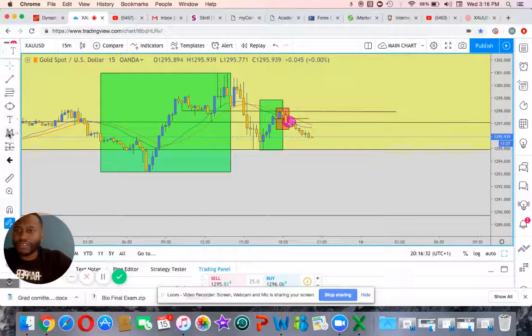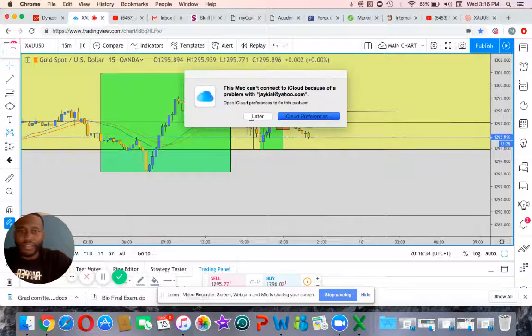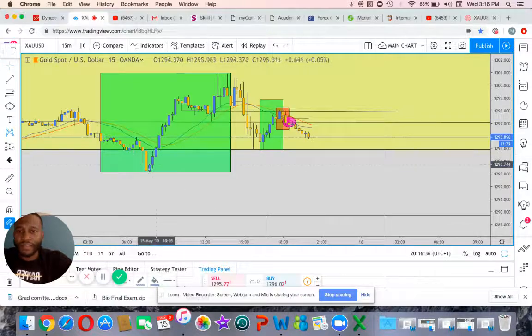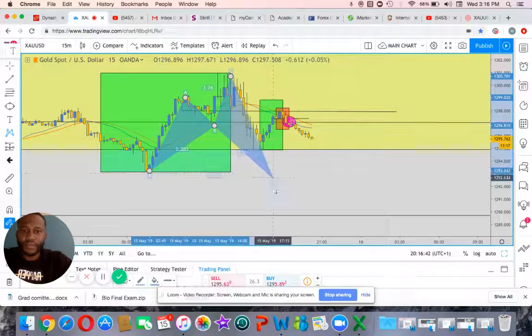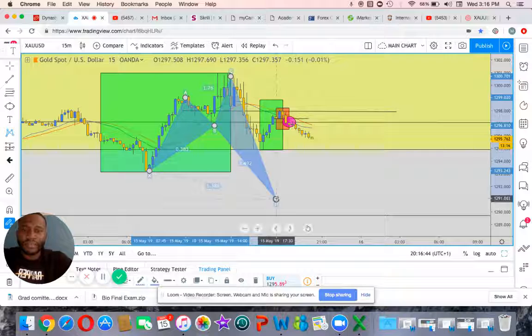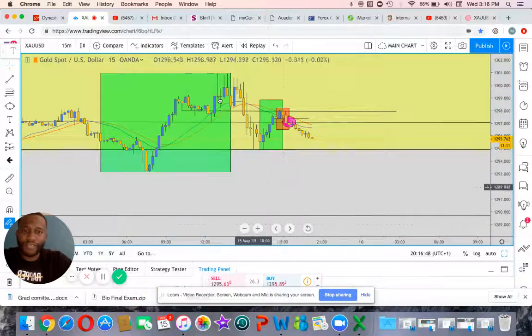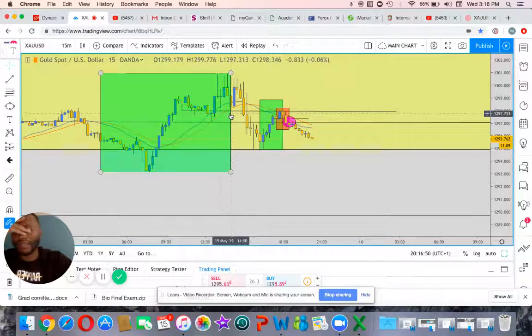We can draw a harmonic right here, and this is just in a 15-minute time frame. He utilizes a few harmonics. This stuff works too, and this is not even an accurate harmonic, but he utilizes a lot of those. I do it sometimes, but I'm more so raw market, raw structure, price action.